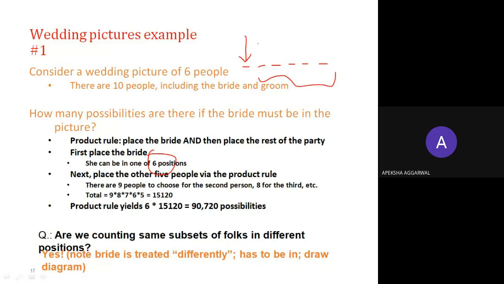So what are the possible choices? 9 possible choices for this place, 8 possible choices for the next, then 7 remaining people can be here, 6 can be here, 5 can be here. So what is the final answer? 6 into 9 into 8 into 7 into 6 into 5. So this is your final number of possibilities.